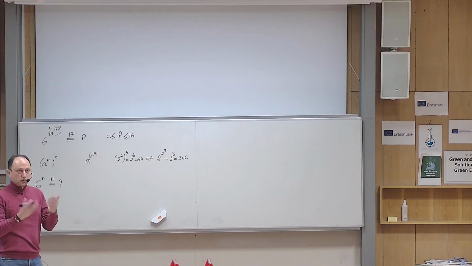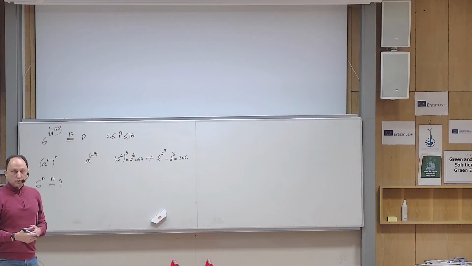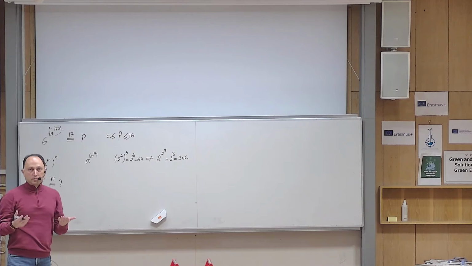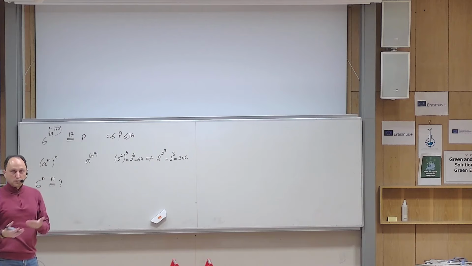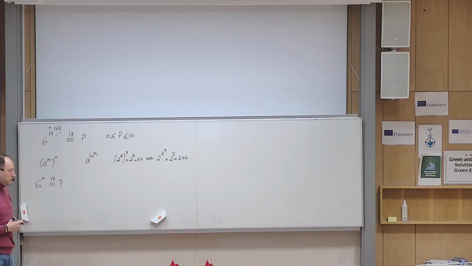Yes, 0 to any power, no matter how huge, is just 0. 1 to any power is just 1. Minus 1 to any power, if that power is odd, it becomes minus 1. If that's even, it becomes 1. So these are the numbers that I can raise to extremely high powers very simply. So that's why I call them ideal cases.